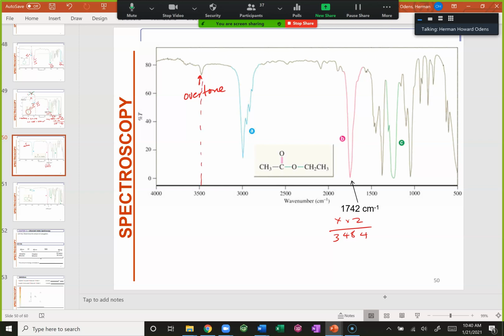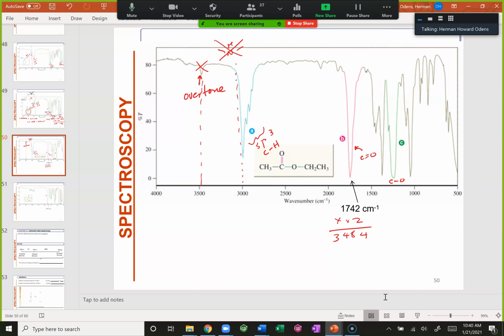So if I had that number, I know this is not an NH. You see what I'm saying? So make sure you do that. You have the magic line here. This will be sp3 CH. You have a carbonyl group, and that represents an ester. The ester will have a CO stretch, and that's all we can assign to this.